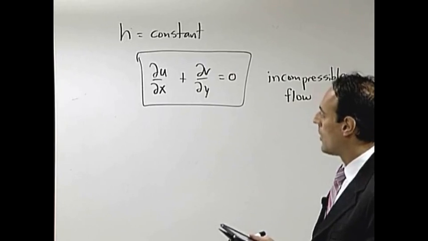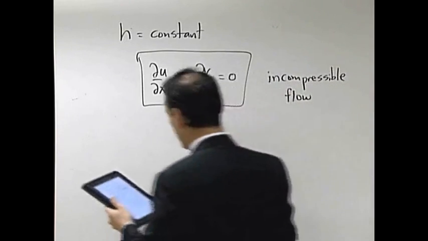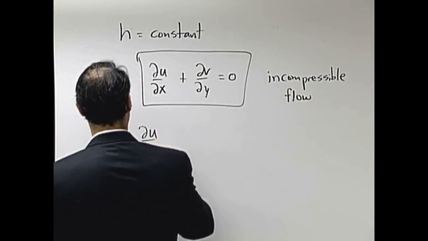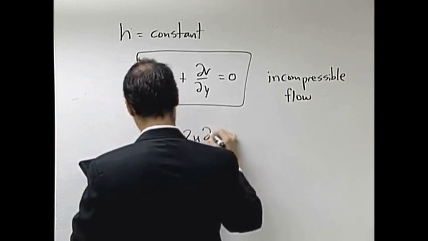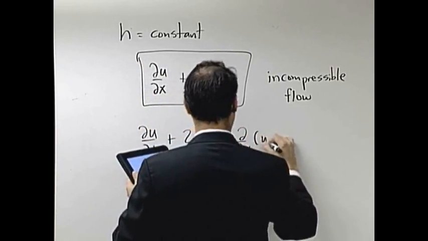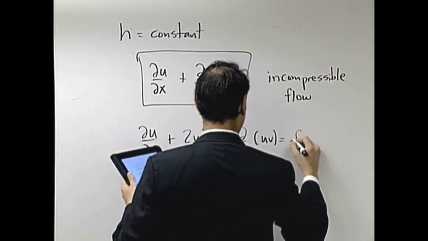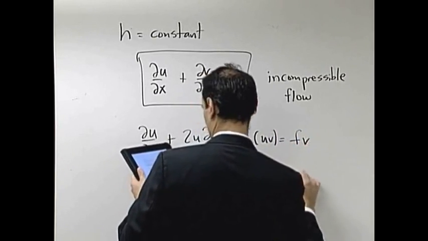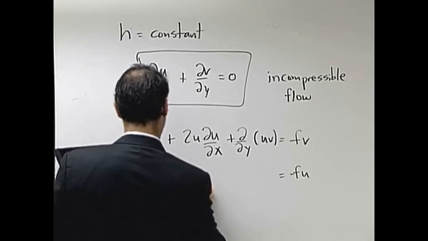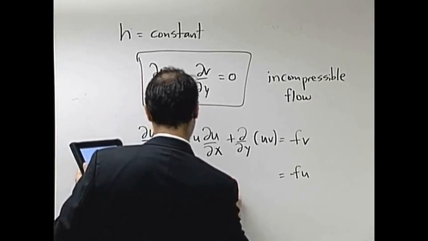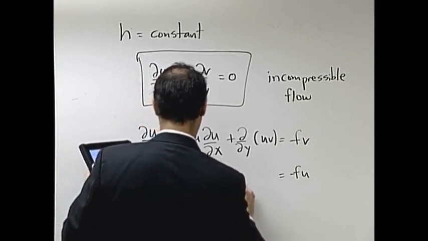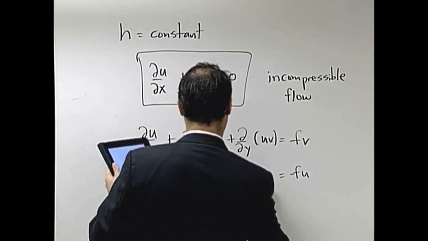All right. The other two equations reduce down reasonably well to the following. du dt plus 2u du dx plus d dy uv is equal to f v, and dv dt, dv dy, plus d dx uv.